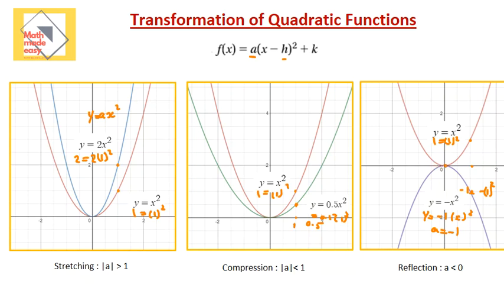While in the blue graph here, the value of y at the vertex is the highest value of y of all the rest of the points on the parabola. The rest are all negative. So we call this a maximum point. So if your parabola is opening upwards and the vertex is the minimum point, then we call it a minimum. And if the parabola is opening downwards like that, then the vertex is a maximum.